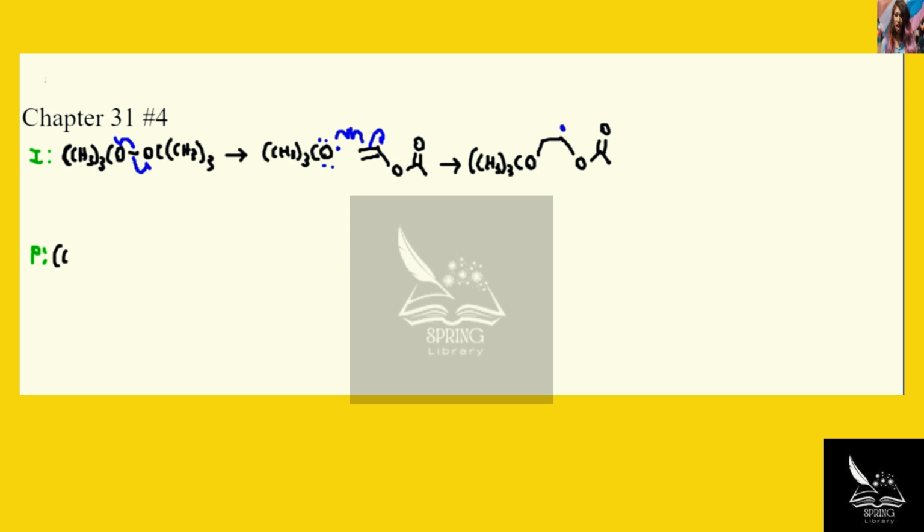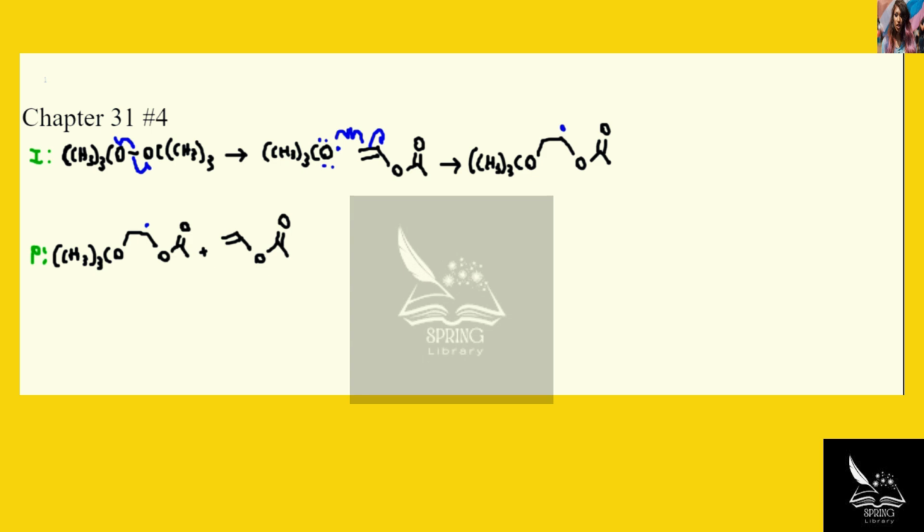So we have our activated species from the initiation step, with a radical on that carbon. That's going to encounter another molecule of vinyl acetate. So here is another molecule of vinyl acetate.